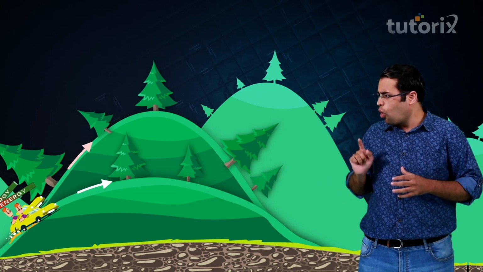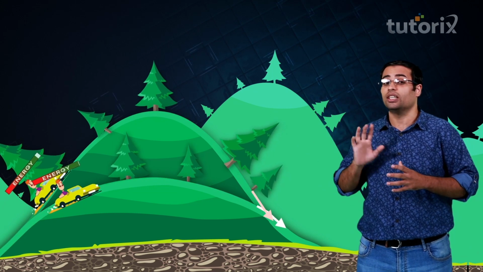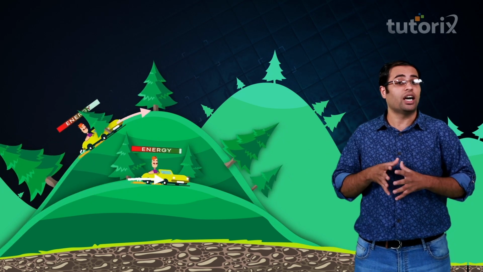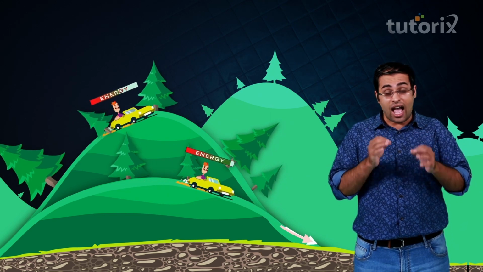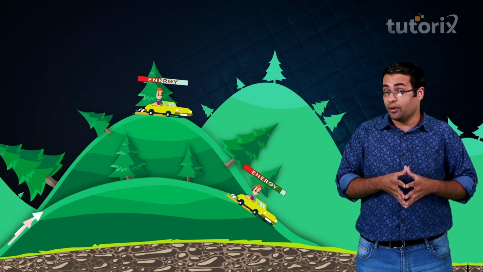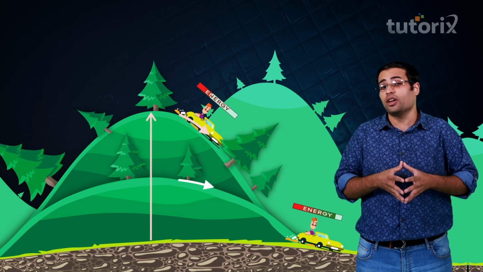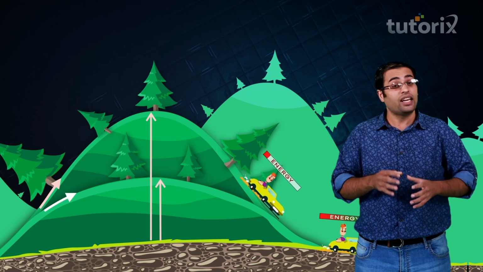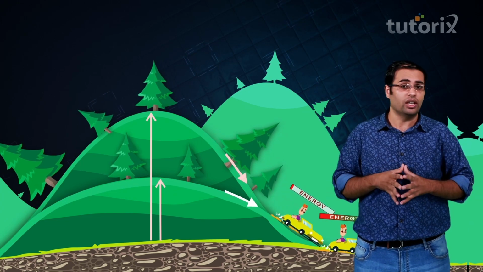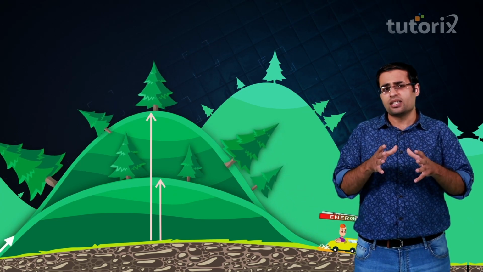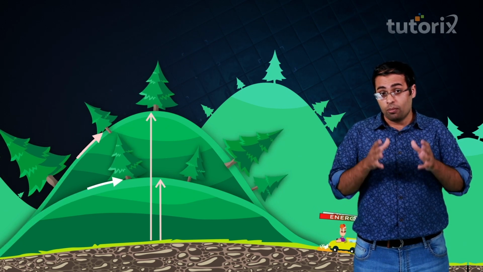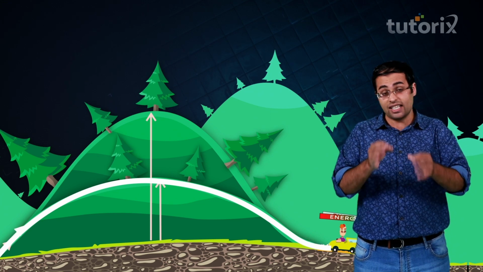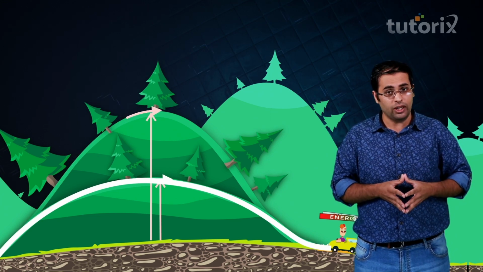Either you can travel all the way to the top of the hill and reach the other end, or you can travel through the middle path of the hill and reach the other end faster. A point to note here is that you will need more energy to travel all the way to the top, but less energy will be needed to travel through the middle of the hill, right? A catalyst somewhat does the same work, because a catalyst provides an alternative pathway which has less energy to form product P.